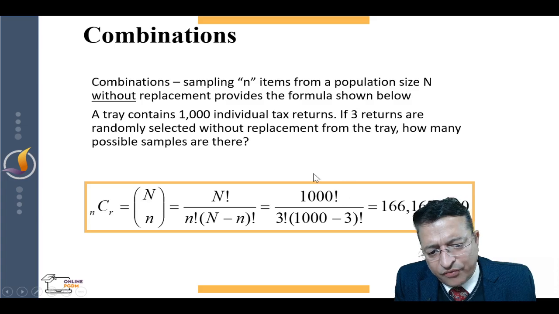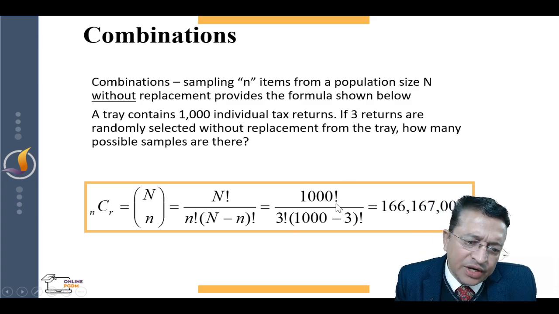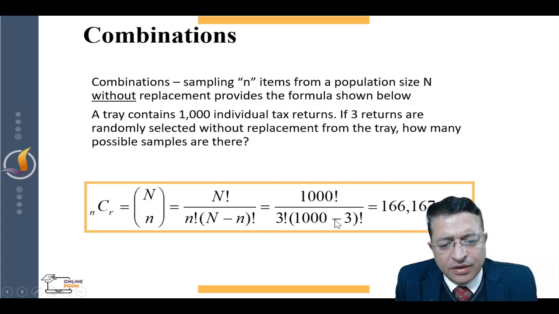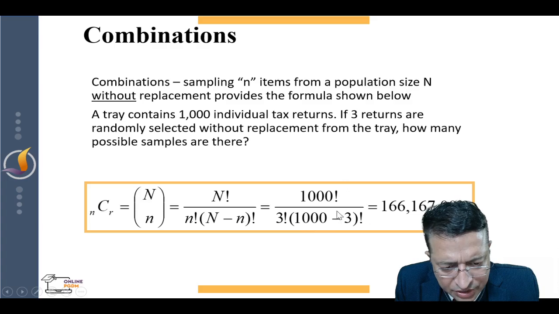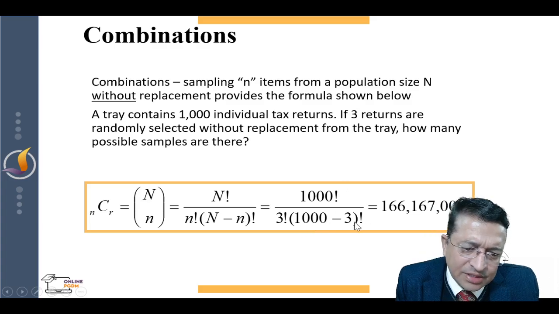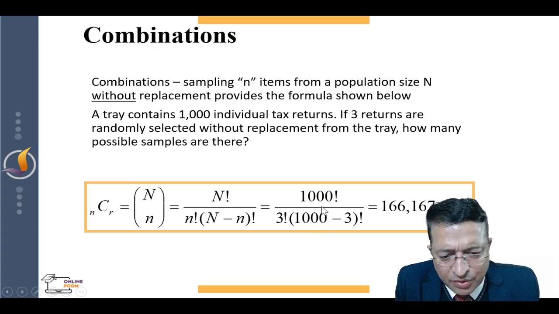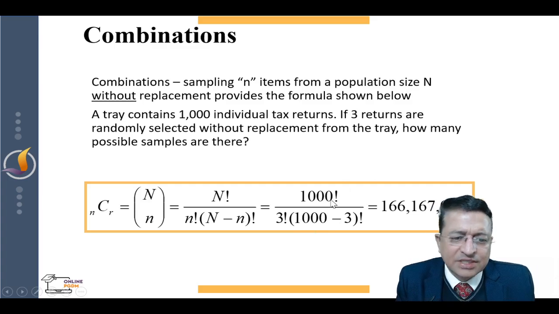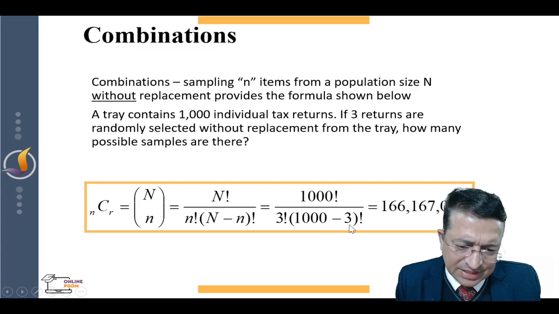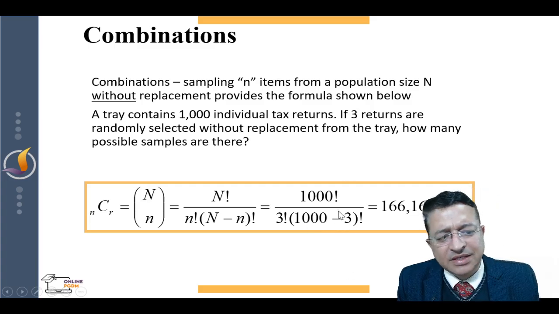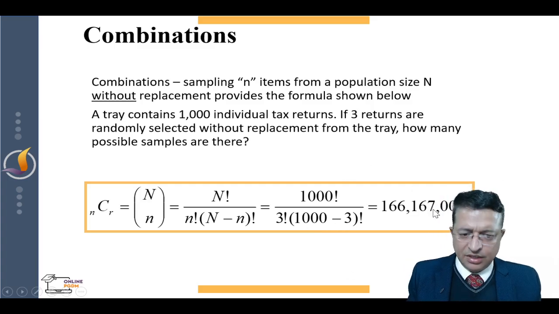Sometimes when calculating, you need not multiply all of 1000 into 999 and so on. If the denominator has 997 factorial, you just open the numerator factorial up to that number, the rest will cancel out, and you can calculate the value easily.